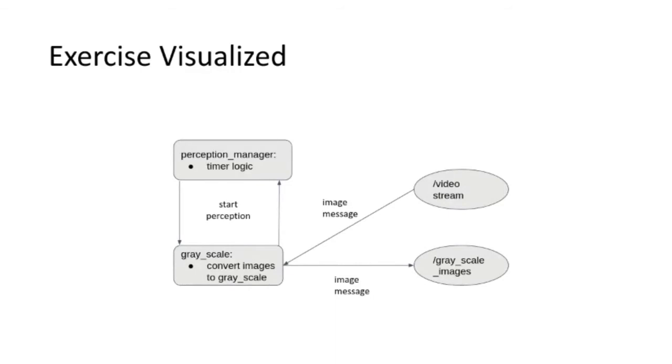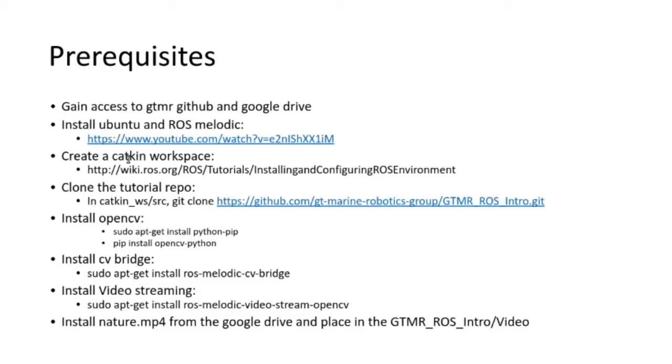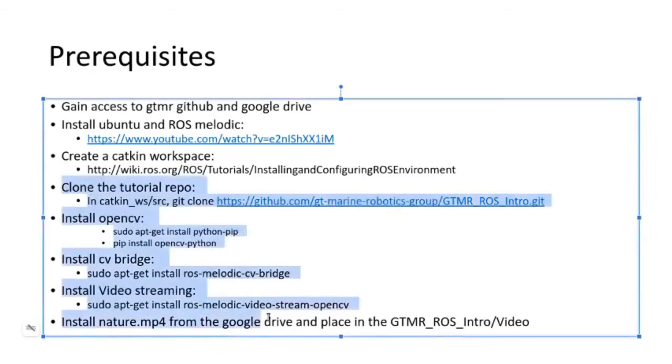Okay, sweet. All right. So just to go over, would anyone like to follow along and code it while I'm doing it? If anyone has ROS installed already, then we can take a quick moment to go through these things here.